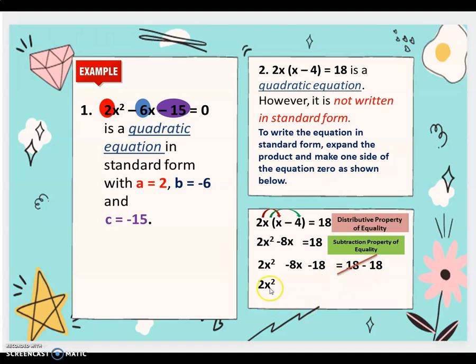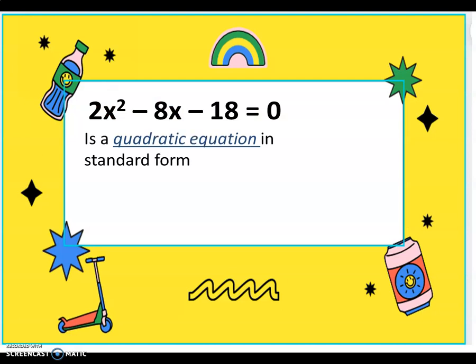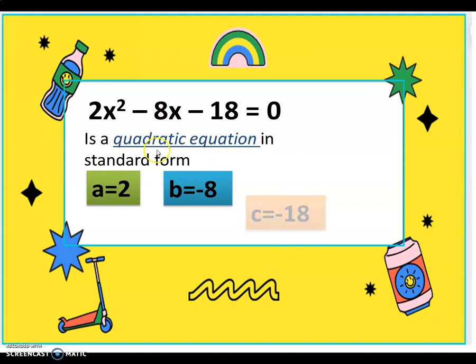So, the equation will be 2x squared minus 8x minus 18 is equal to 0. At this point, the equation po natin ay naka-standard form na. Yan. Then, identify natin ang value of A, 2, value of B, negative 8, and then the value of C is negative 18.